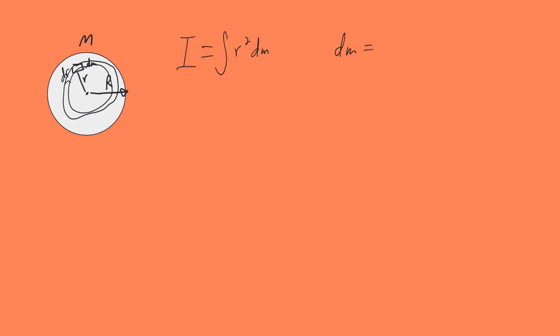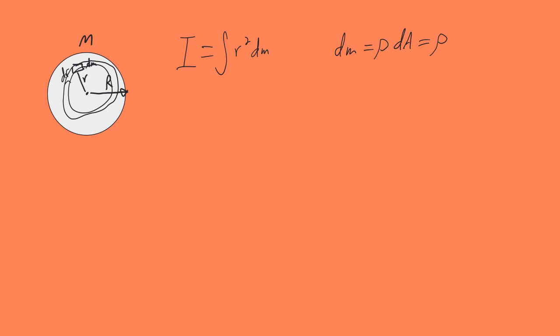So my dm here is going to be equal to the density, rho, multiplied by the small area we find at these different radii. So I want to also represent our area in terms of these small radii.